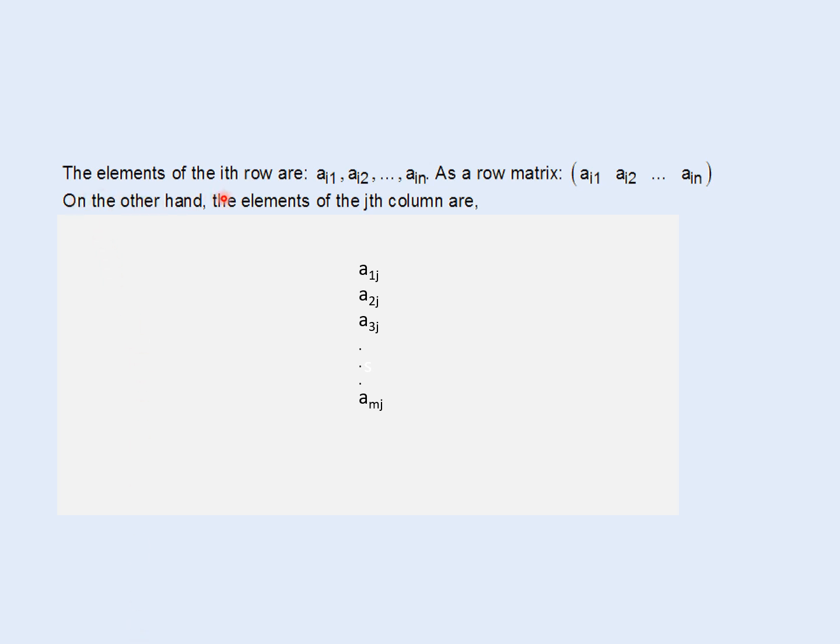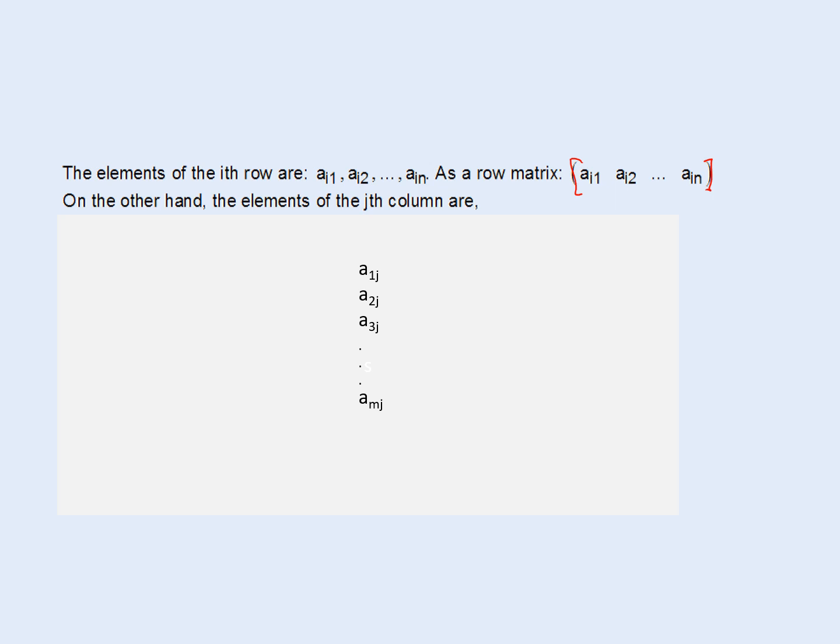The elements of the ith row are a sub i1, a sub i2, up to a sub in. As a row matrix, we can write this as open bracket a sub i1, a sub i2, up to a sub in, close bracket. On the other hand, the elements of the jth column are a sub 1j, a sub 2j, a sub 3j, up to a sub mj.